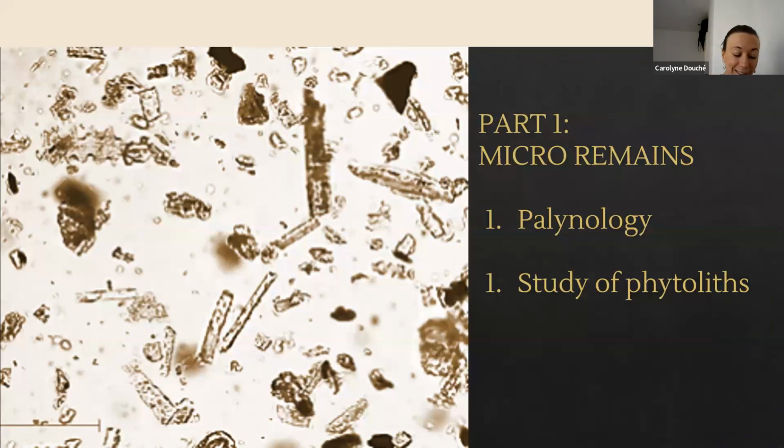So, as we could see, the study of pollen covers research on paleo-environment and human activities. But as highlighted with the example of Shanidar, the interpretation of pollen from archaeological sites is often discussed.